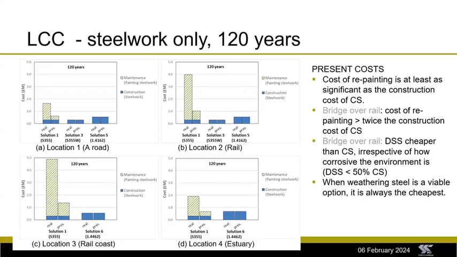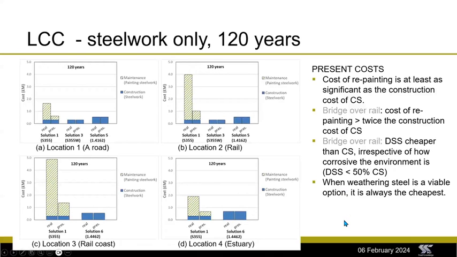You have to shut the railway. For bridge over the rail, the duplex stainless steel was cheaper than the carbon steel, irrespective of how corrosive the environment was. And when weathering steel is viable, locations 1 and 2, yep, it's the cheapest. You can see that.